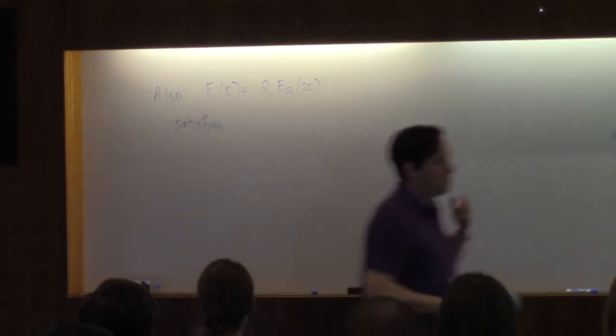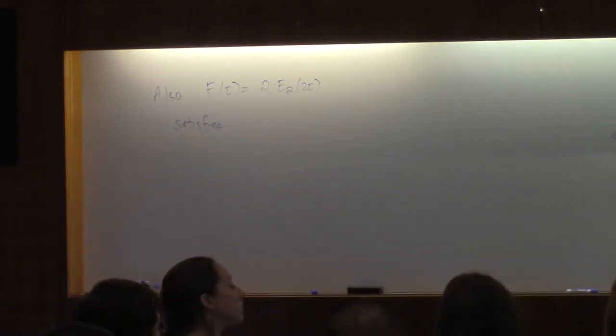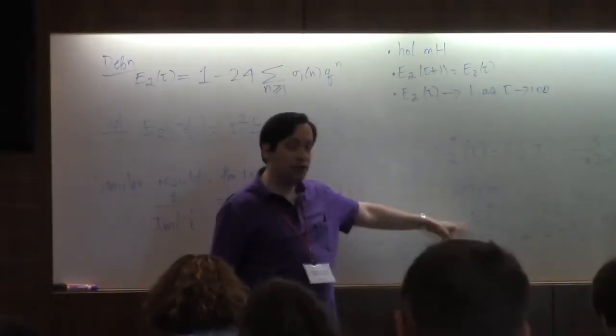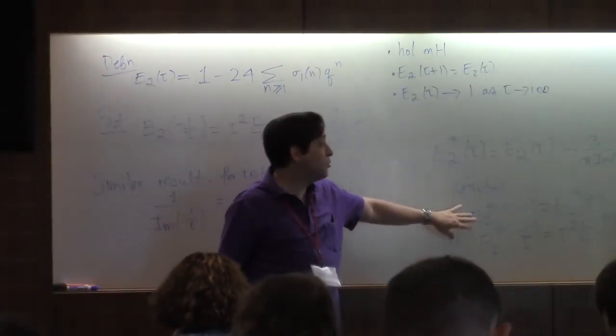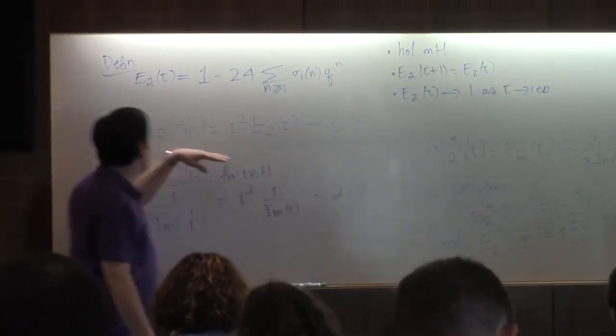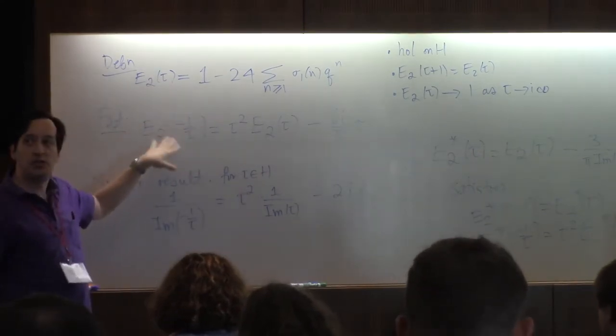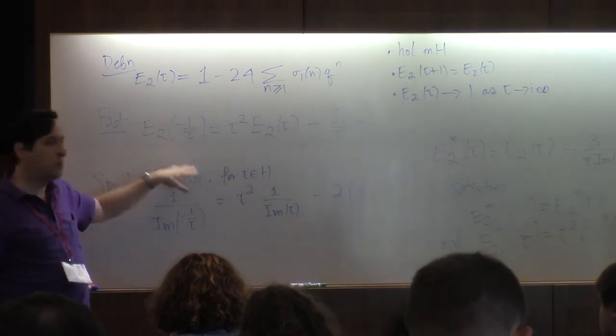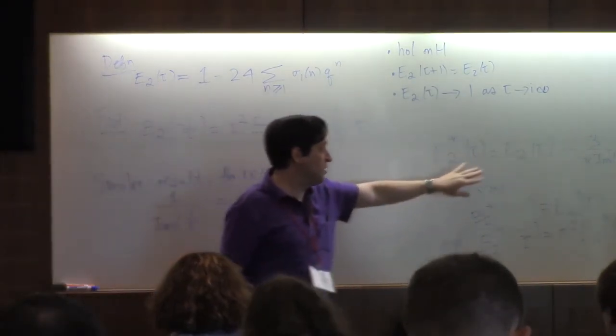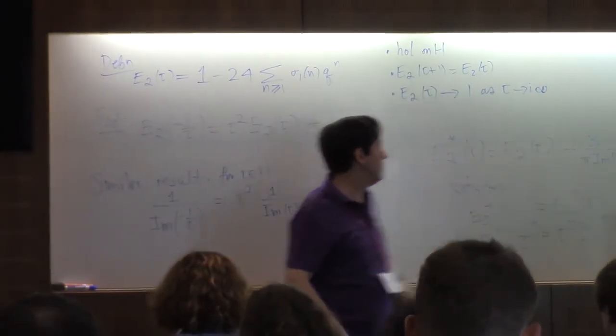Well, you have to be careful. So this satisfies the nice rule with the two generators, and so E2 star actually satisfies the modularity condition for all of SL2Z. Now you can actually go backwards and figure out the transformation rule for E2 on any (A tau plus B) over (C tau plus D). Right? Because you know it works nicely for this, and you can then put that back in and get it.